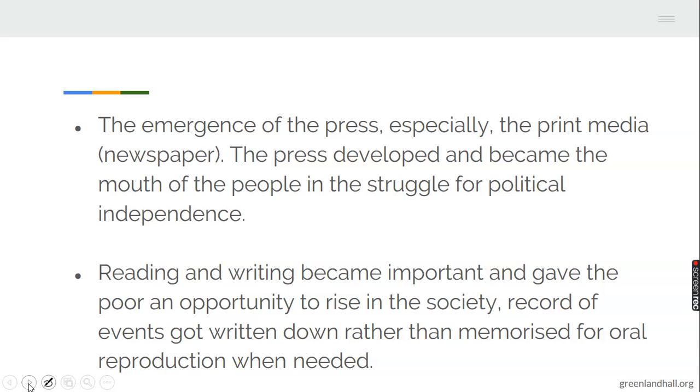The press developed and became the mouthpiece of the people in the struggle for political independence. Reading and writing became important and gave the poor an opportunity to rise in society. Records of events got written down rather than memorized for oral reproduction when needed.